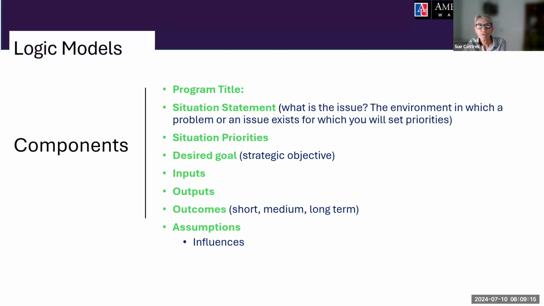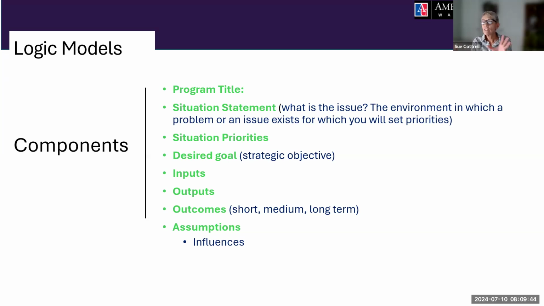So what are the components of a logic model? Well, you have your program title, and then you have a situational statement, basically explaining what the issue is. Situation priorities. It's important to remember that you can't solve everything. If you want to improve education, it takes a community effort, it takes administration efforts, it takes teacher efforts, and it takes family efforts.